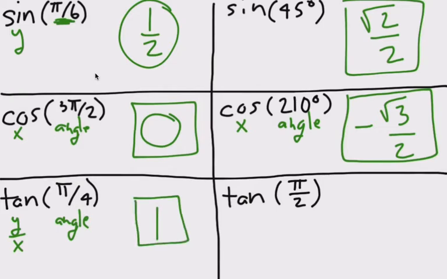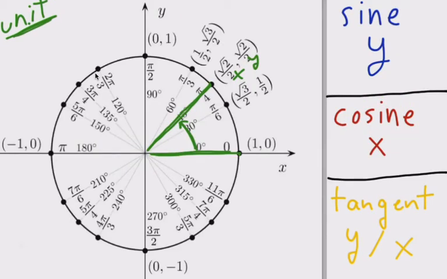For tangent of pi over 2, I need to do y divided by x for the angle of pi over 2. So I go find pi over 2, which is right here. So that's the angle that starts here and measures up. It's also known as a right angle or a 90-degree angle. I look at my values here.